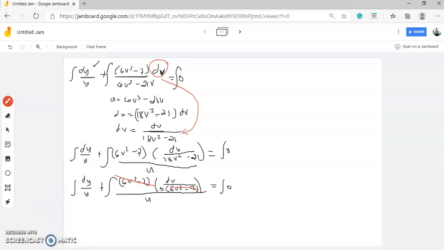What remains is 1/3. So dy over y plus, let's move the 1/3 outside the integral sign, the integral of du over u equals integral of 0. So we accomplish our target to arrive at logarithmic.